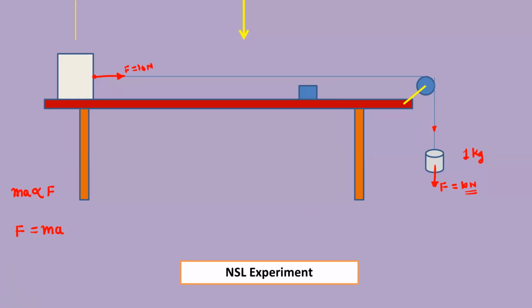So we convert this proportionality into an equality sign. When we convert proportionality into equality, we should add some constant. This is a simple mathematics rule. So F equals K into mass into acceleration. This K value we have to find out by performing this experiment. From the experiment, we expect K is 1, and then we can write this equation F is equal to mass into acceleration.